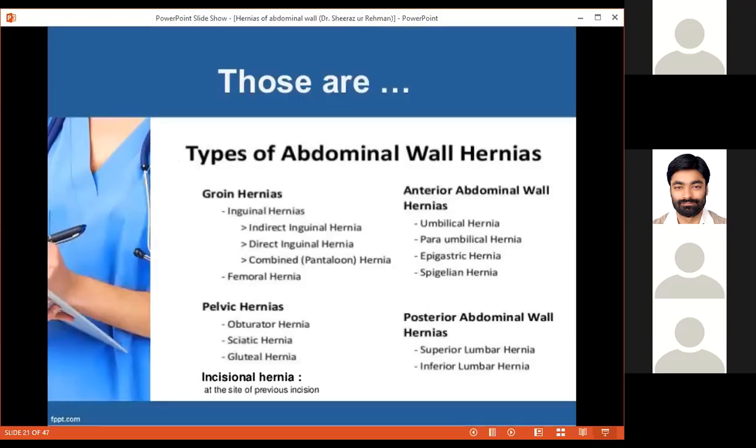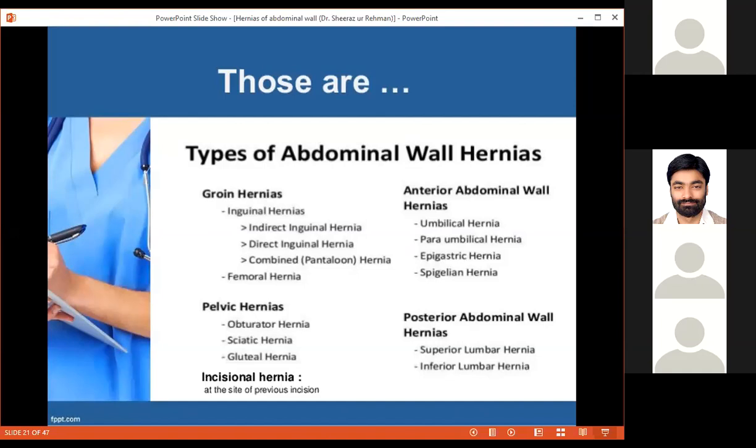So just another way to look at it, the groin hernias usually are either inguinal or femoral. The inguinal, you have an indirect type, a direct type, or a combined type, which is called a pantaloon hernia. And then in the anterior abdominal wall, you have umbilical hernias, paraumbilical, epigastric, and Spigelian hernia. Even the posterior abdominal wall is not spared.